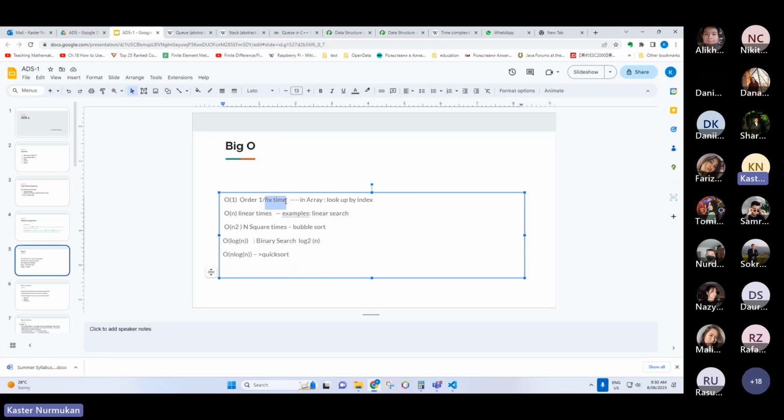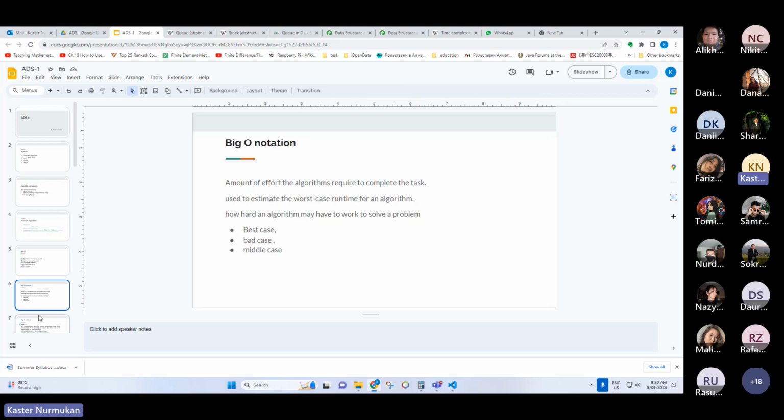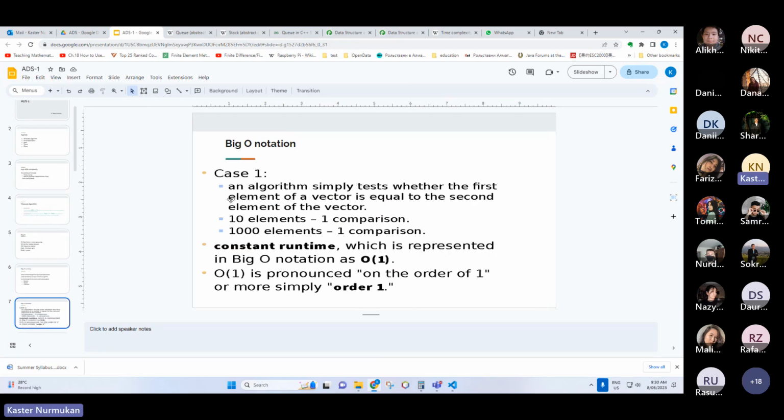It doesn't matter how much you change the size, it doesn't change the complexity of the operation over time. So that's the reason for fixed time. You should understand. Now quadratic time, let me start from the first one.